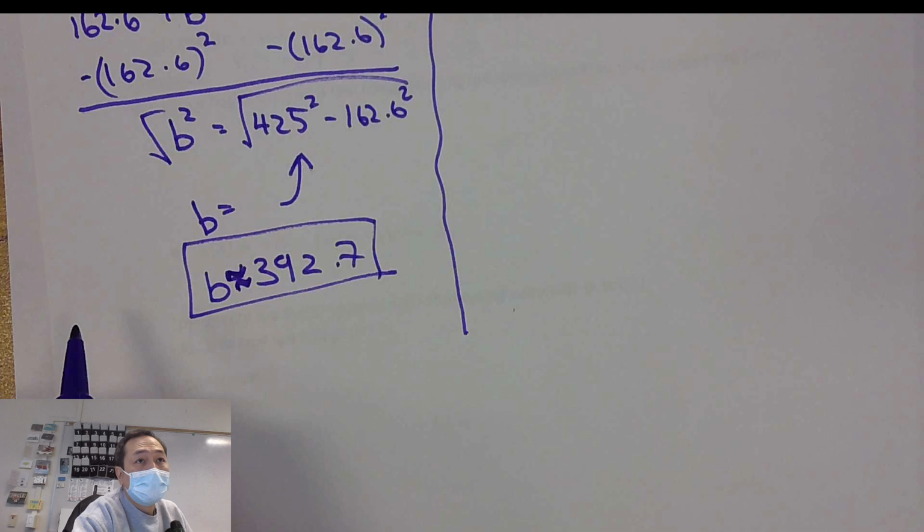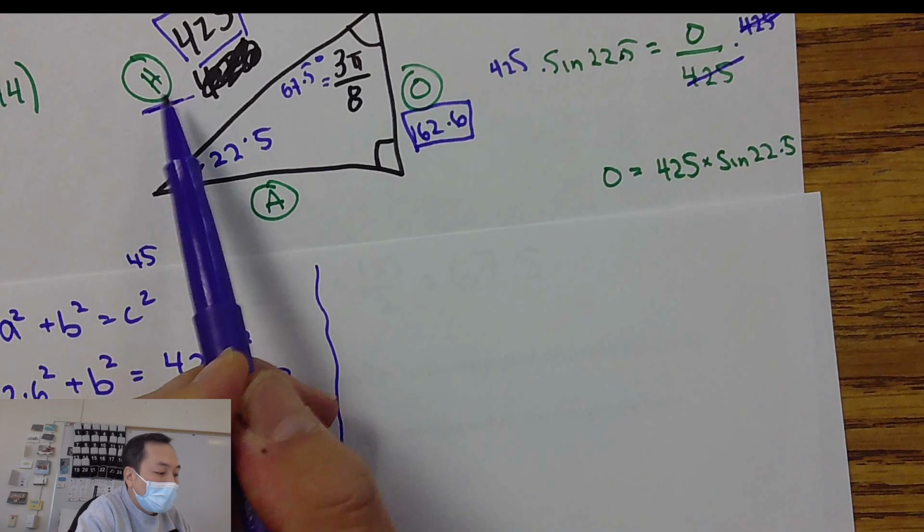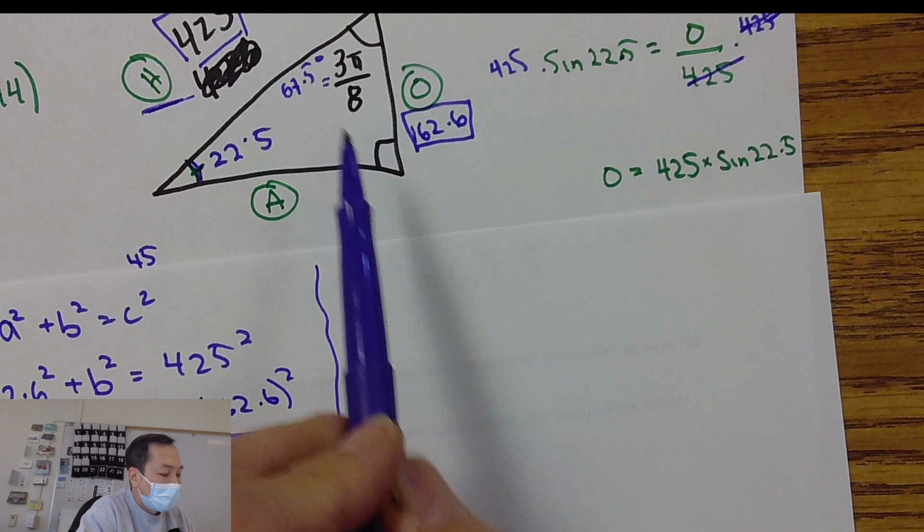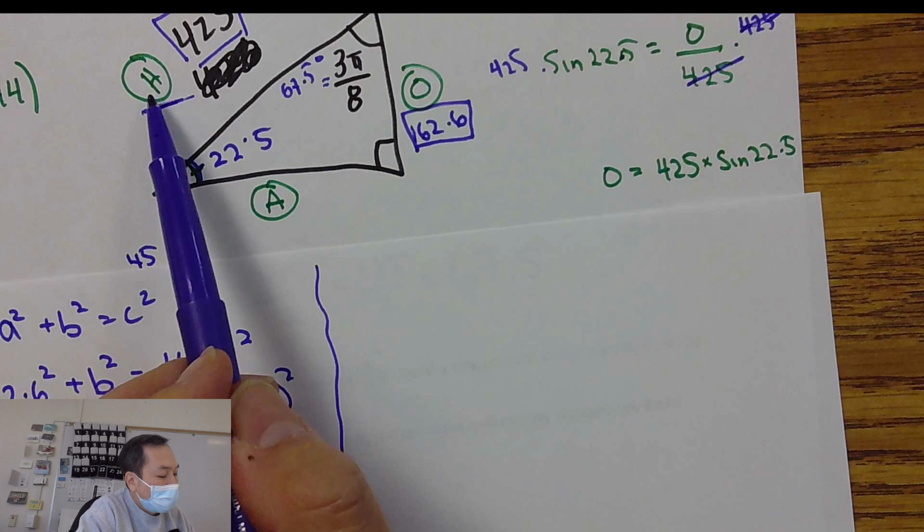Now, the other way to do this is to use trig. I have my hypotenuse again, and I use my hypotenuse because that's a cleaner number than 162.6. I'm going to use it to figure out what my adjacent side is. So what trig function deals with A and H?